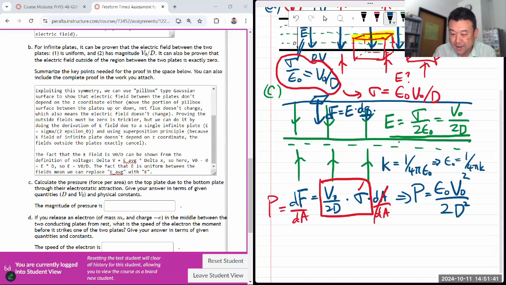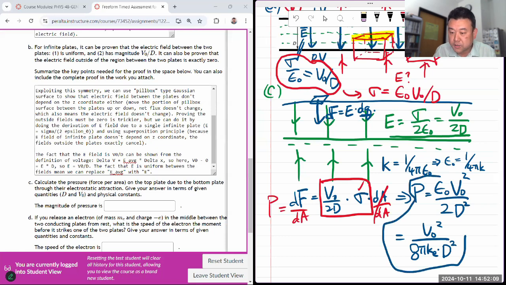So I can replace that and say pressure is also equal to V naught squared over 4 pi times Coulomb constant times 2. So that 4 is actually 8 now. So that's 8 pi ke times d squared. So both of these are valid expressions for pressure.